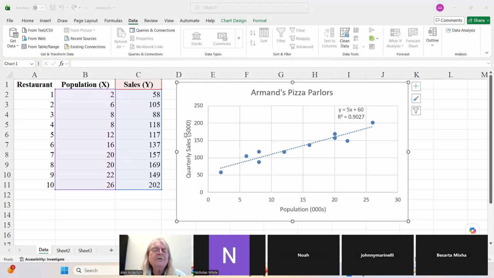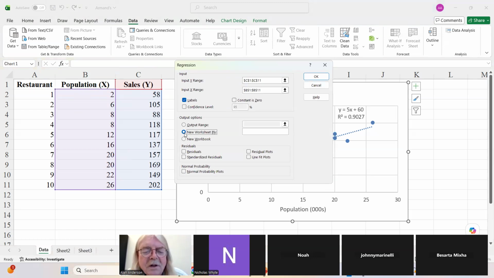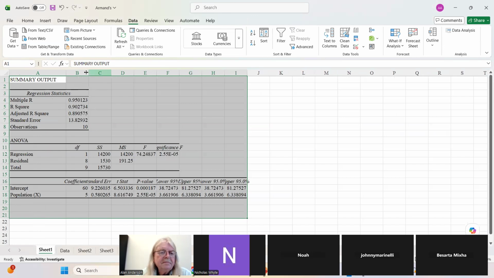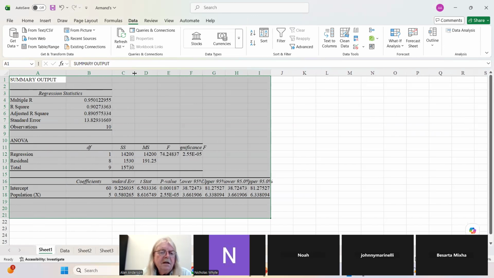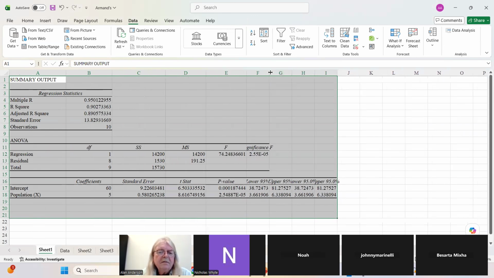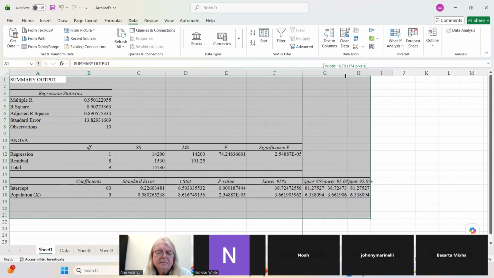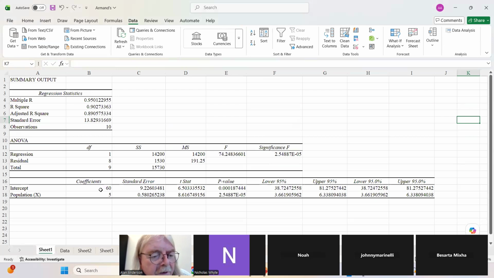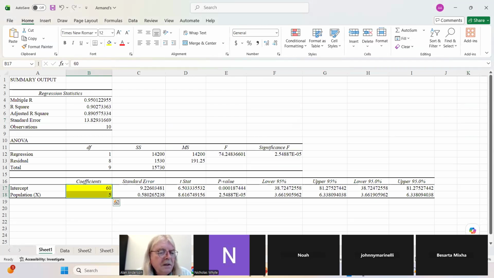Oh, sorry, no, leave it to where it is. New worksheet, apply, and hit OK. And you're going to discover something interesting. Hiding in this massive list of numbers is our regression equation. Right here, actually. So in other words, this is the equation y equals 60 plus 5x.